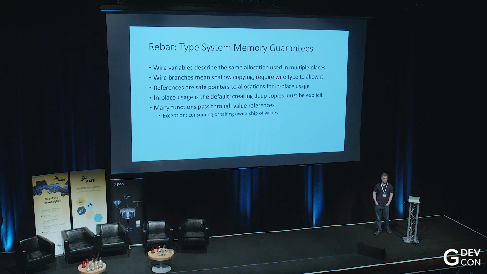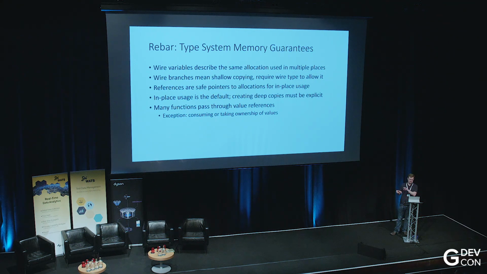It also leads to a language where the tendency is for functions to take or pass through their inputs as references rather than as non-reference values. And typically the only time you would take a non-reference input for a function is if what you're doing actually needs to consume that input or take ownership of it away from the caller, because that's what happens.